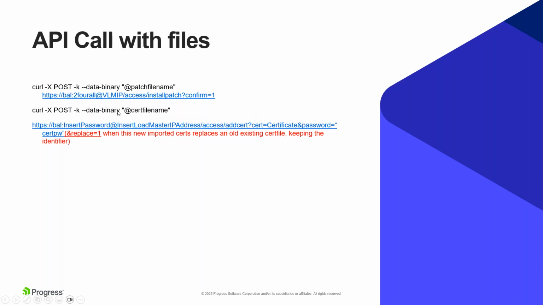Or you want to replace or install a new certificate, or replace an existing one, right? You have your certificate file. PFX works very well because with binary, I never got it working with certificate and key files. So that always is a trouble, but if you have a certificate like PFX where both are included in one file, then this API works pretty nice.